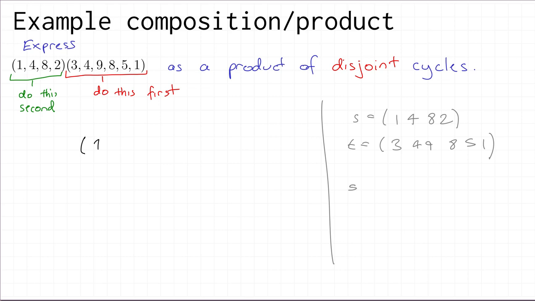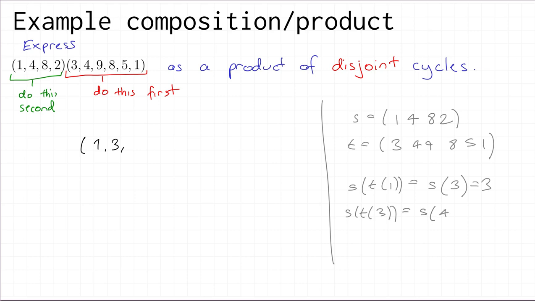So if we want to know what S composed with T does to 1, S of T of 1 is S of 3, which is 3. So our cycle should start 1, 3. Now we need to think what happens to 3. S of T of 3 is S of 4.